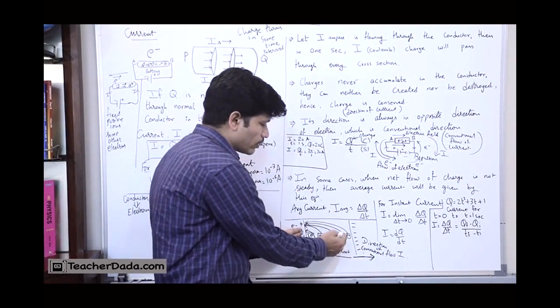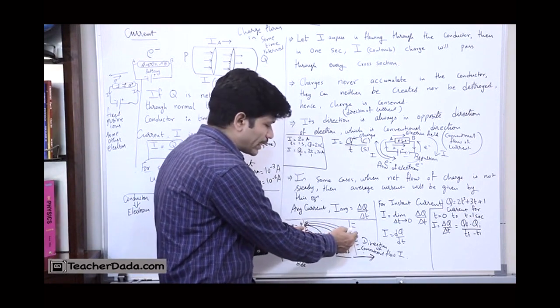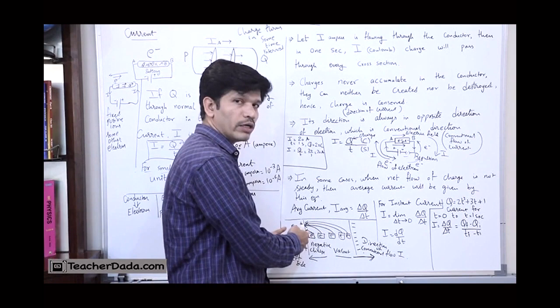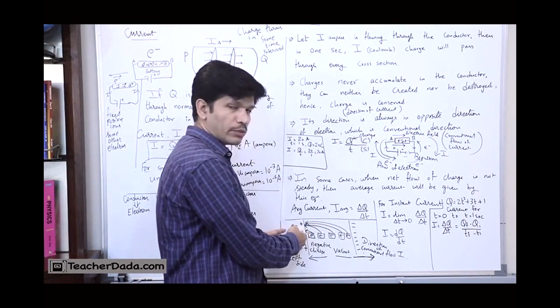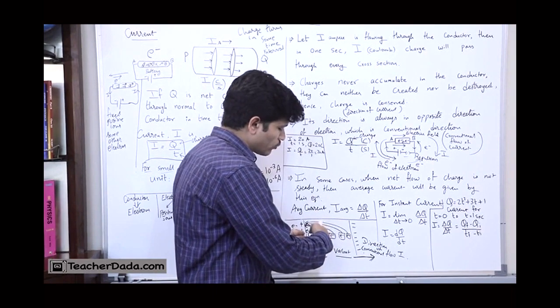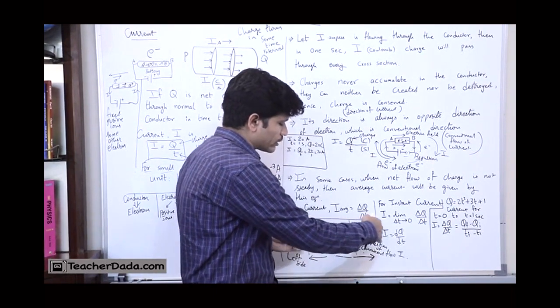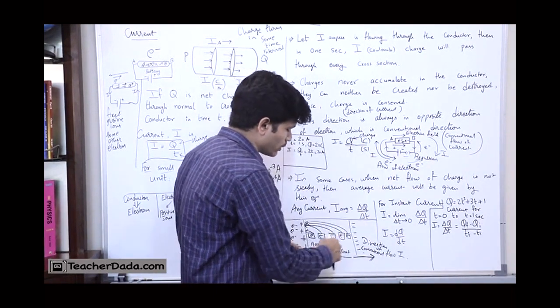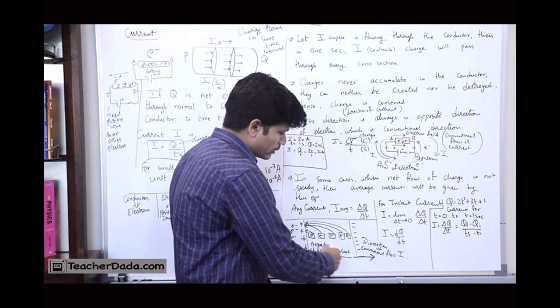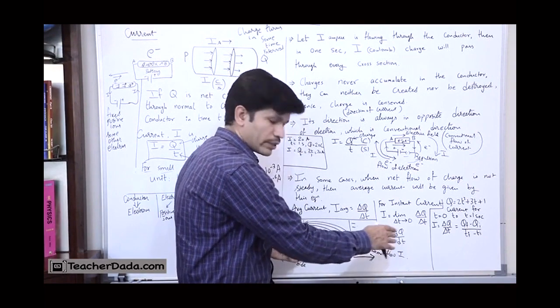Now see, the electrons have moved from where? Negative to positive, because they are negatively charged itself. So obviously they will go to the opposite terminal. And where the seat is getting vacant, it starts from the left hand side and goes till the right hand side. So the conventional flow of electric current is the direction where the seats are getting vacant.